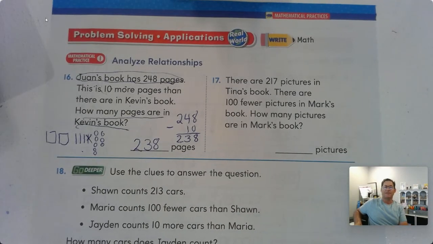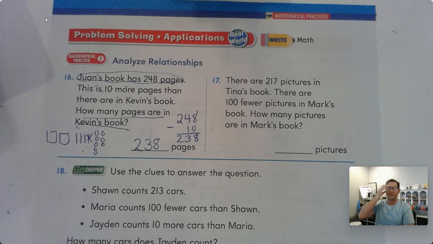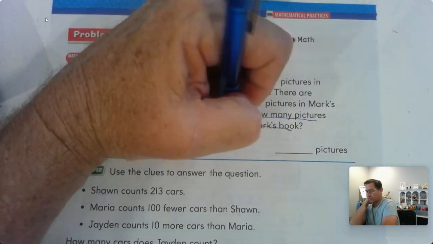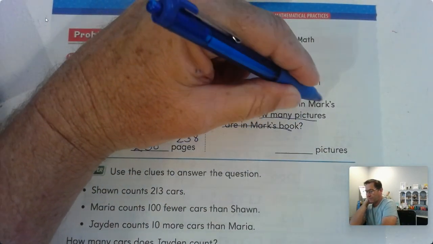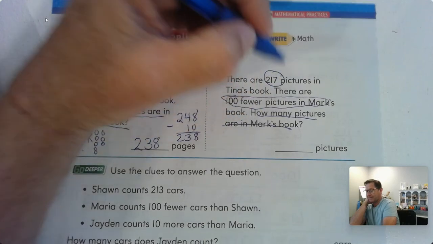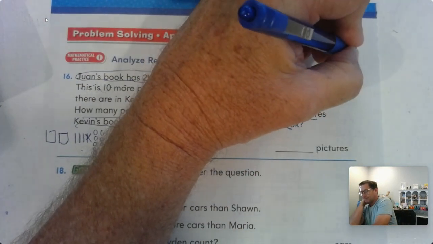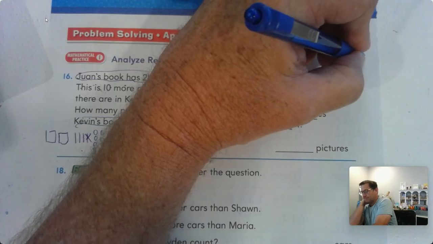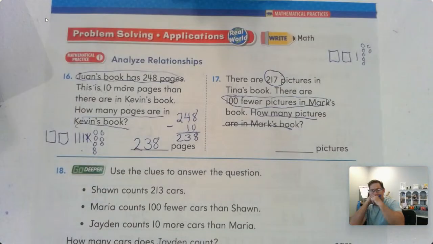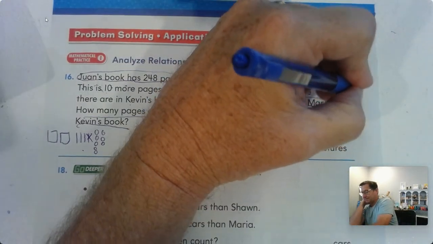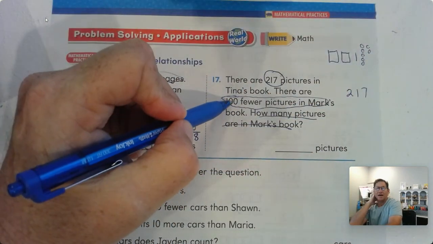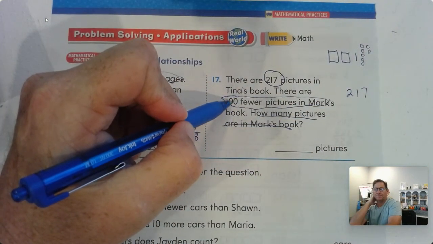17. There are 217 pictures in Tina's book. There are 100 fewer pictures in Mark's book. How many pictures are in Mark's book? 100 fewer in Mark's, and Tina has 217. All right, so we have our 217, and Mark's book has 100 fewer pictures.